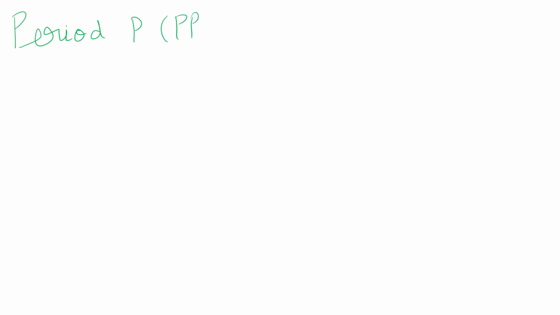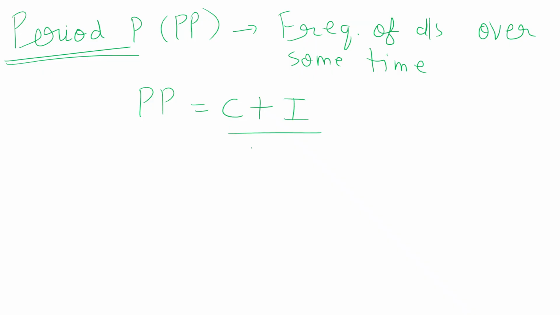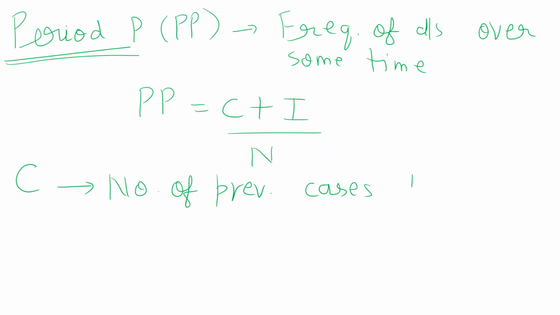Fine. Now talking about another important parameter, that is period prevalence, also known as PP. Don't confuse this with postprandial plasma glucose. This measures the frequency of disease over some time. This applies when the data has been created over a period of time, as it is known as period of time. This is defined by the formula C plus I upon N, in which C is the number of prevalent cases at the beginning of the time period.